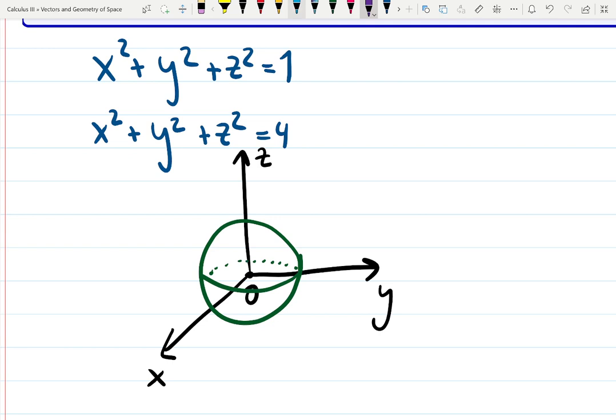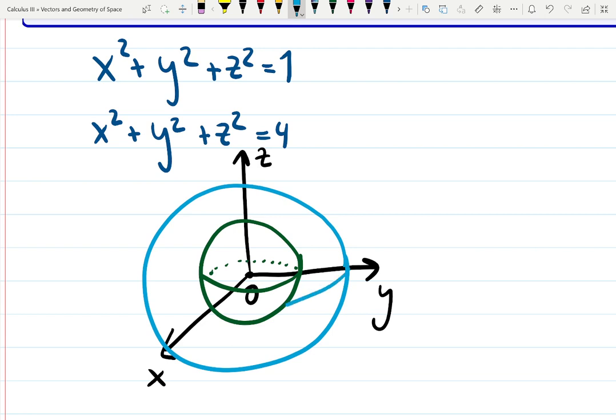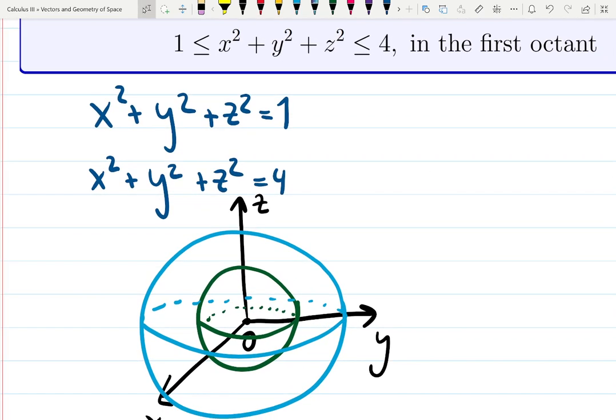Change the color. I like using colors, as I mentioned before. Bigger circle with radius 4, make a depth out of it. Now I have these 2 circles. What should I do with them? It tells me that we should only take the space between 1 and 4, right?